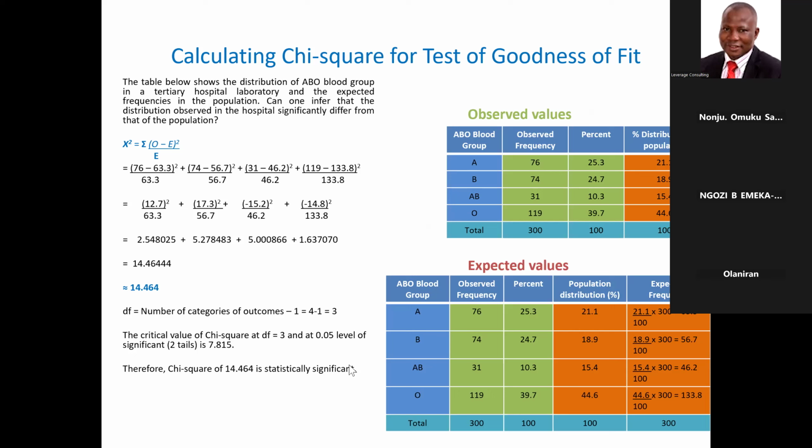You check the statistical table I showed the other time, and you see that the critical value is 7.815. Therefore, chi-square 14.464 is statistically significant because it's far higher than the critical value. The implication is that the corresponding p-value will be far lower than 0.05. That shows the difference you observe is not due to chance, because the probability that it is due to chance is so low.